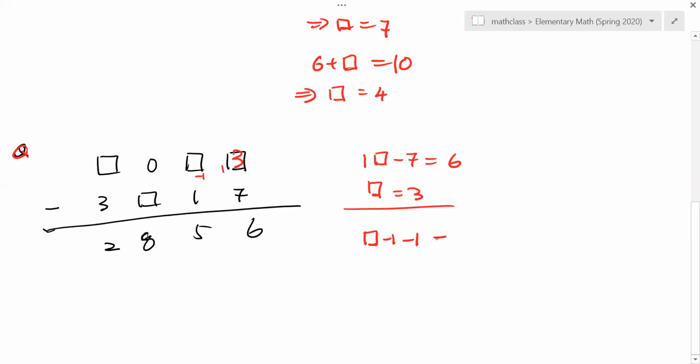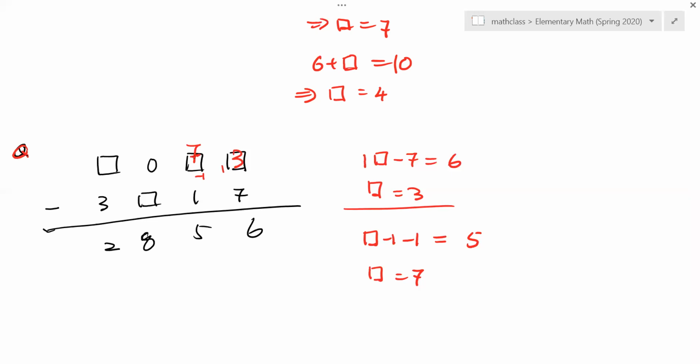Then minus 1 should be equal to 5. Then you can see that number must be equal to 7. Okay, so you figured out the second one.